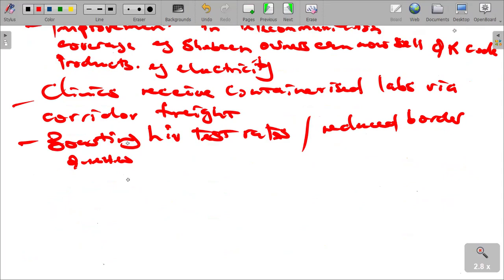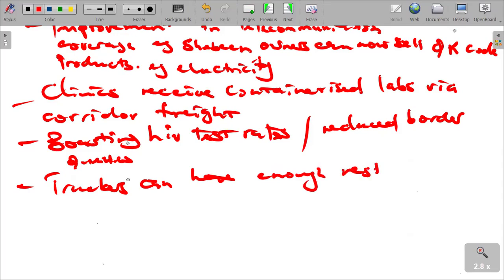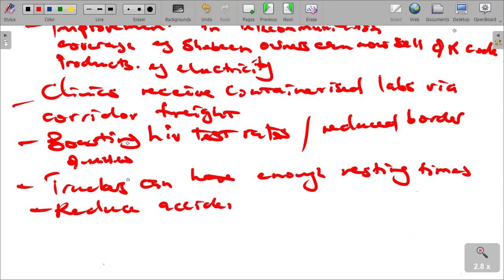And then this also saves truckers, meaning that they can have enough resting time. Therefore, it can also reduce accidents on roads.